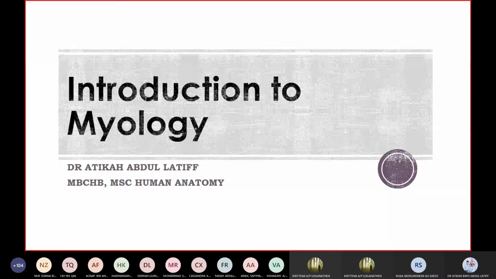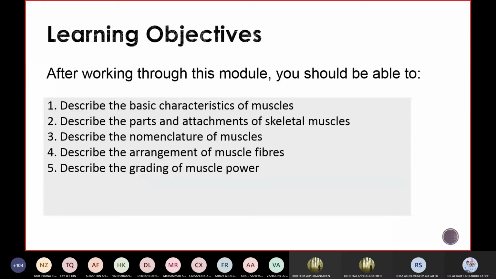Okay, so introduction to myology. As I mentioned earlier, in anatomy or in medicine, osteo would refer to bone, chondro will refer to cartilage, so myo will refer to muscles.